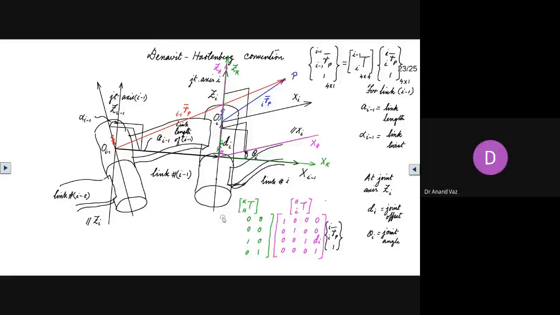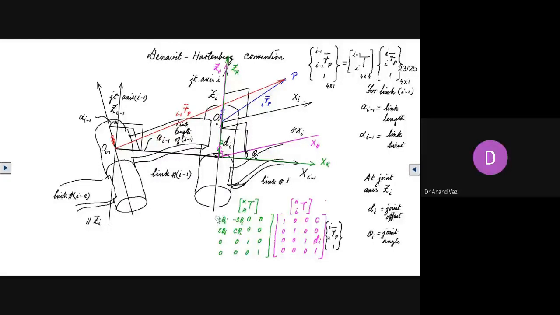And we know the transformation for rotation about the Z axis. So here this is cos theta i, here it is sine theta i. This is going to be 0, and this is also going to be 0. Here we will have minus sine theta i, cos theta i, this is going to be 0, and here also we have 0.